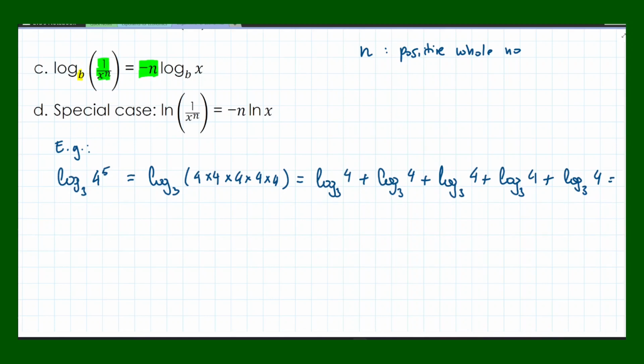Well, that's lucky, because adding the same thing repeatedly is the same as multiplication. So this is basically just 5 times the same thing, which in our case is log base 3 of 4. Voila! We demonstrated that the rule holds in the case of base 3, argument 4 and power 5.